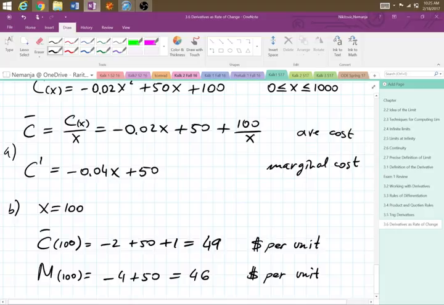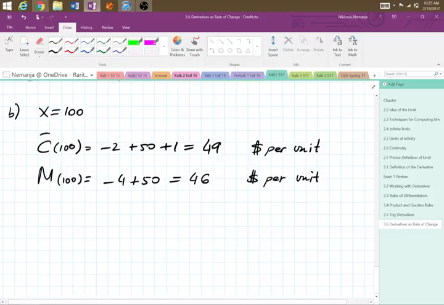So we now have two different numbers for the same input of 100. I want to compute immediately the second part, which is for 900, and then we're going to discuss the differences. So x equals 900.